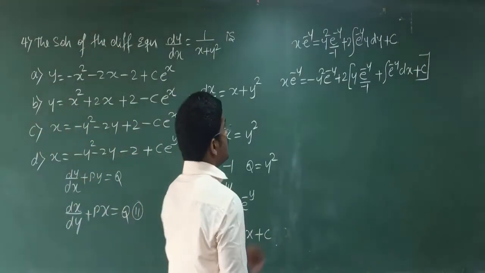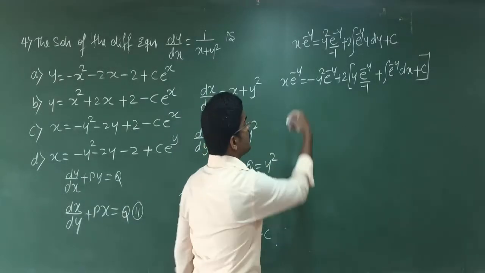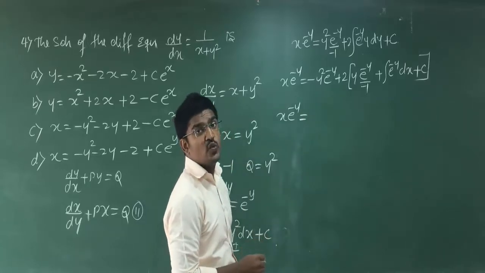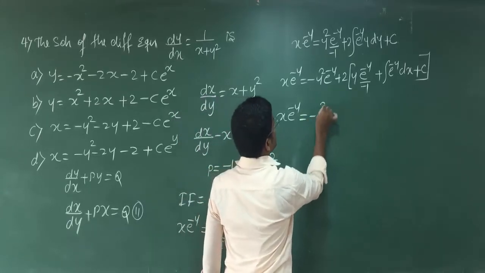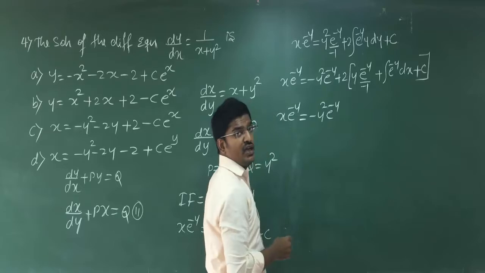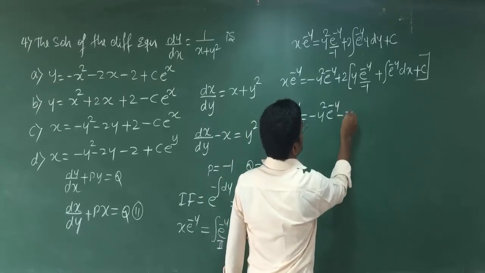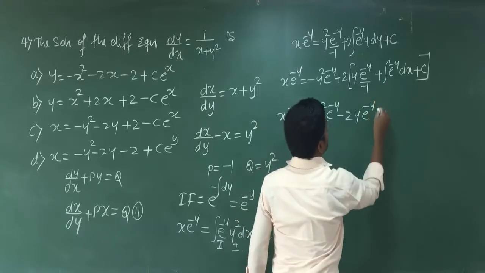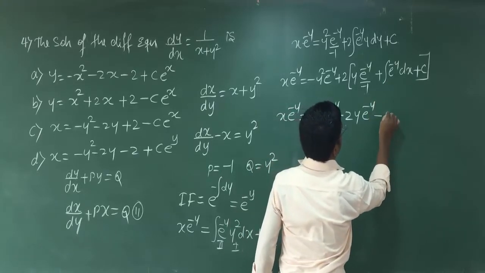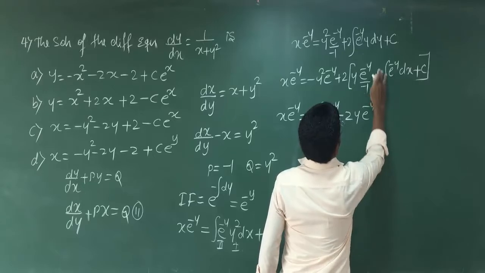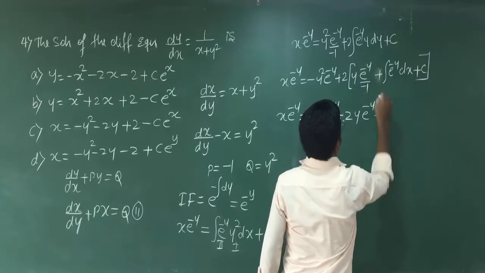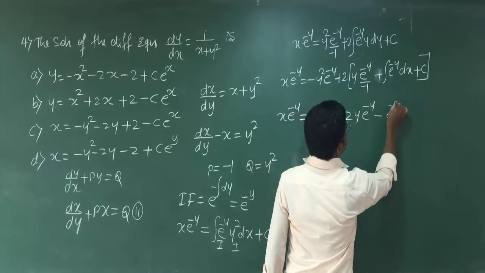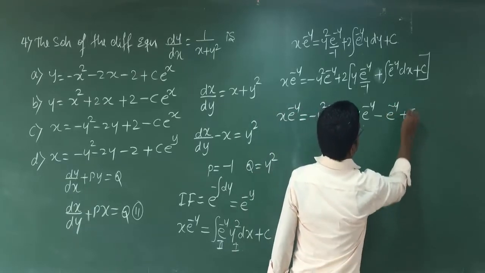So now you got these terms, you write the simplification of this. x into e to the power of minus y equals minus y square into e raised to minus y, minus 2y into e to the power of minus y, plus, integration of e to the power of minus y, which will be minus e to the power of minus y, plus c.